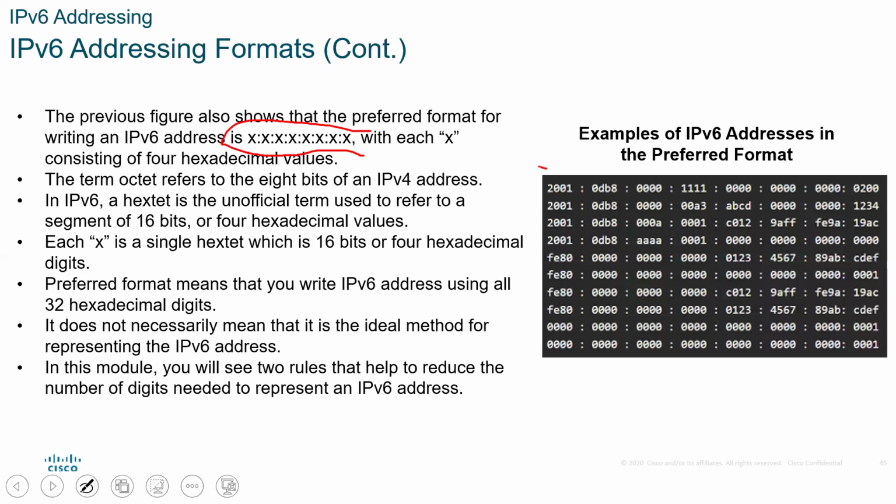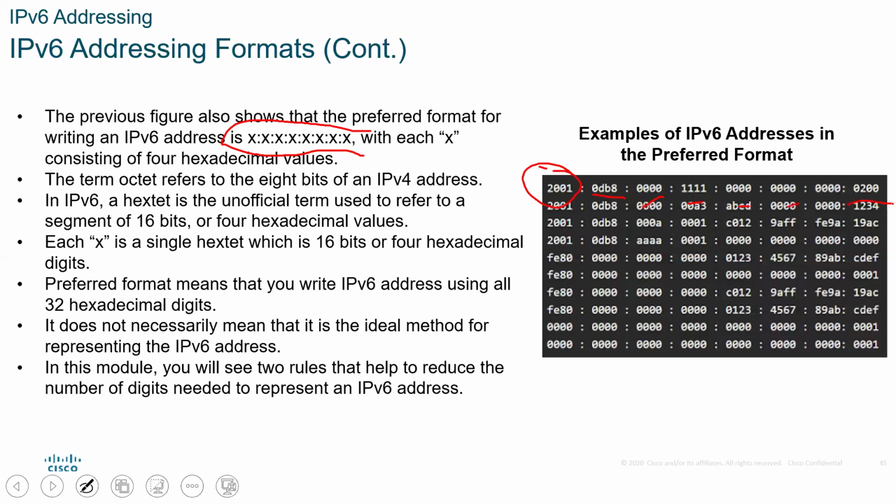Preferred format means that you write an IP version 6 address using all 32 hexadecimal digits. It does not necessarily mean that it is the ideal method for representing IP version 6 addresses.